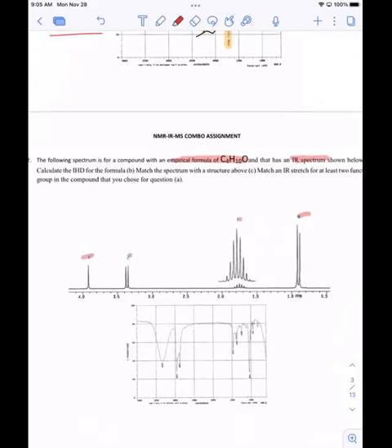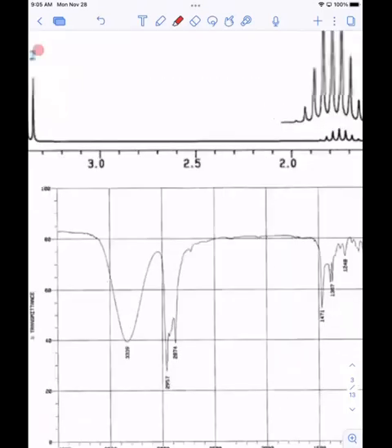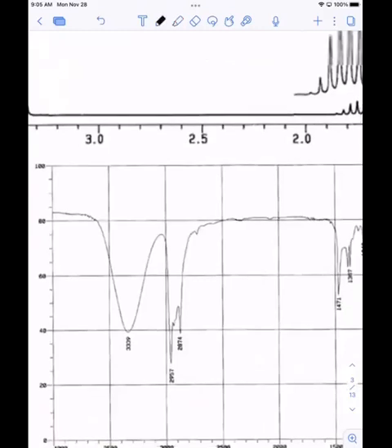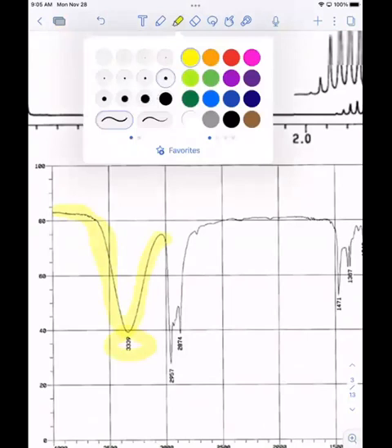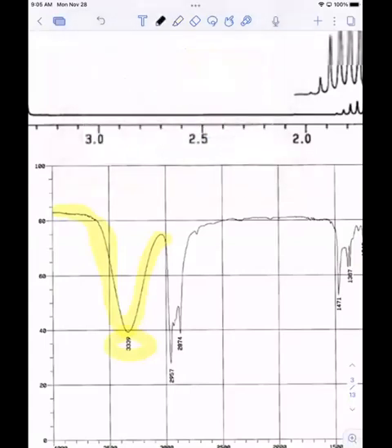Now, if we look at the infrared, what we see right away is that there is a big looping stretch right here. Can somebody tell me what that corresponds to at 3939? Say again.